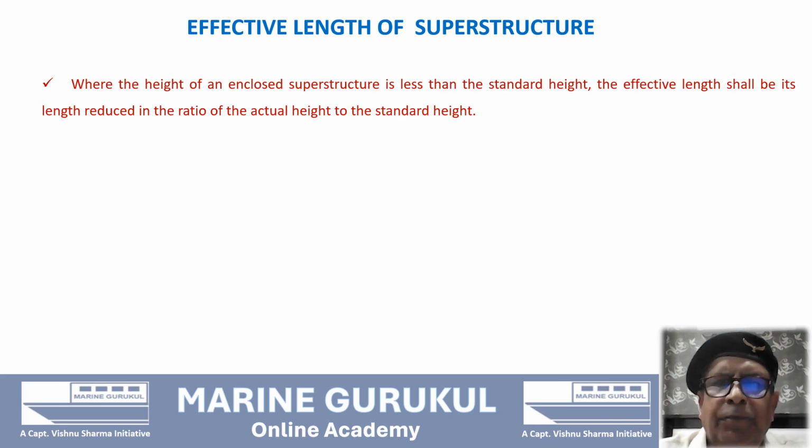So that means whatever is the length of such superstructure, it shall be multiplied by the ratio of actual height to standard height, and whatever is the outcome, that shall be the effective length, implying in this case also the effective length shall be less than the actual length of such a superstructure.